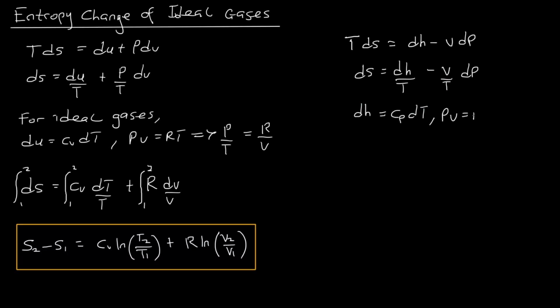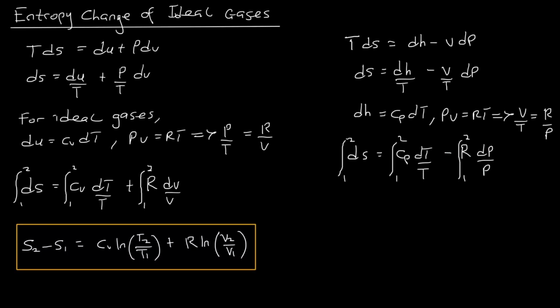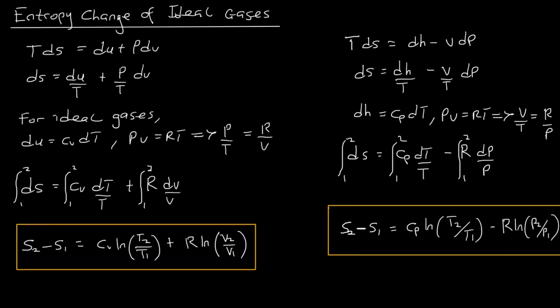And from Pv equals RT, we can write v divided by T equals R divided by P. So ds equals Cp dT over T minus R dP over P. Again, we make the assumption that the specific heat at constant pressure is a constant value. So taking the integral of both sides, we have S2 minus S1 equals Cp times the natural logarithm of T2 divided by T1 minus R times the natural logarithm of P2 divided by P1.